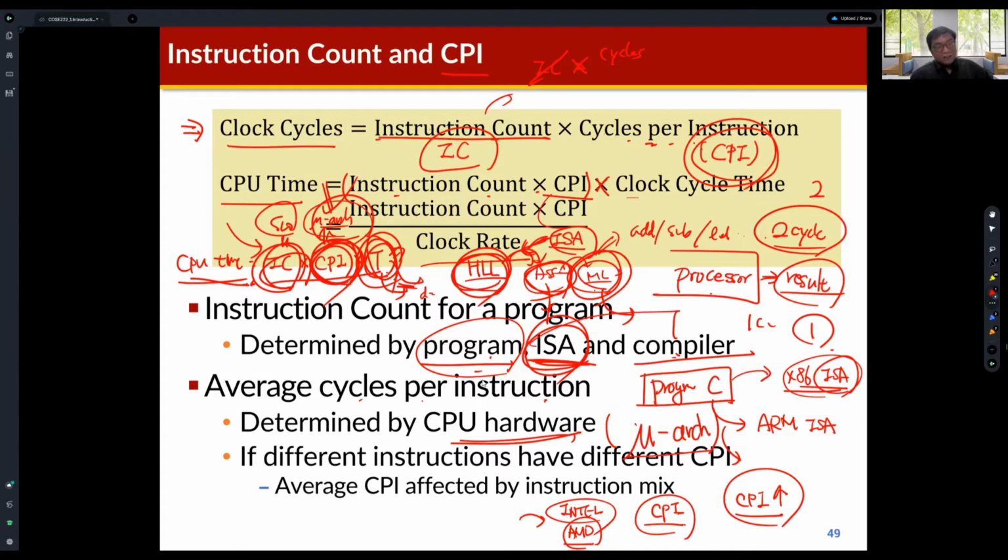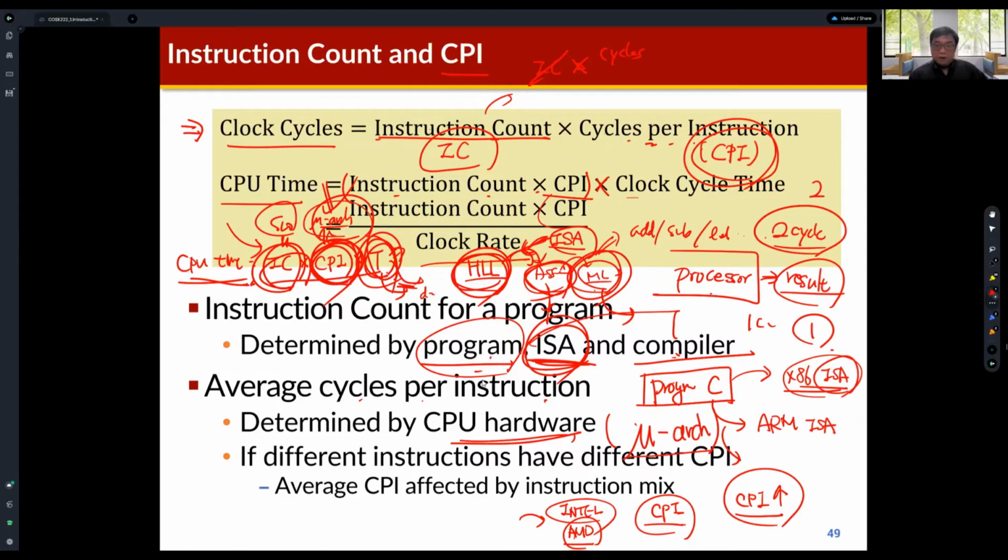That is purely the software part, not the hardware part. So instruction count is influenced by the kind of software, and also other factors such as the compiler options, instructions and architectures, and the algorithm of an application.